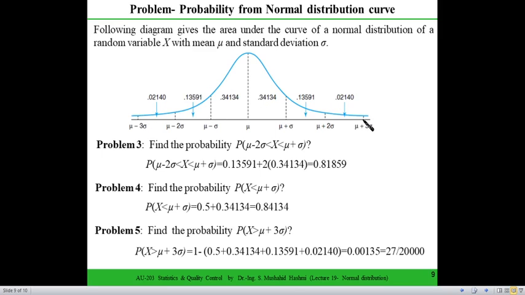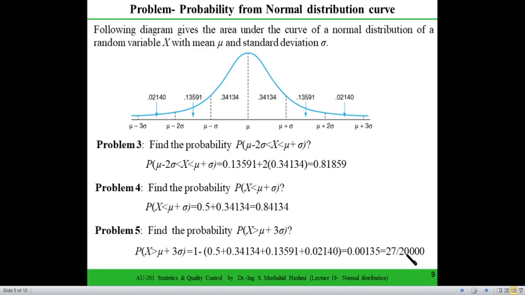So you note this whole area up to this point, and the total area is 1. So 1 minus this whole area would be this small area greater than mu plus 3 sigma, and this comes out to be 0.135%.